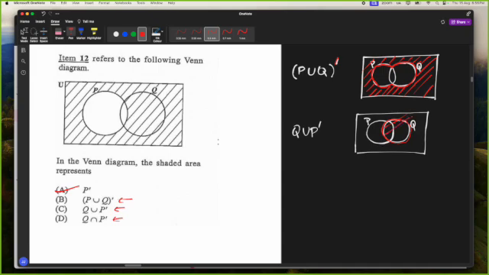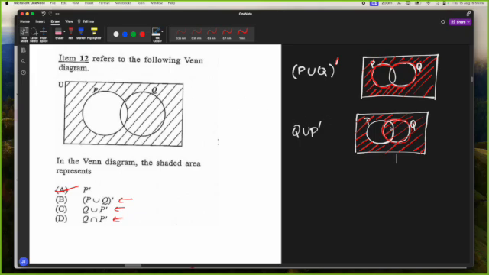And even though that is inside of P, I am taking everything outside of P and I am joining it. Union is to join. So I am taking everything outside of P, but I am also joining it with everything inside of Q. And Q does include part of P. So this is what Q union P complement will look like.